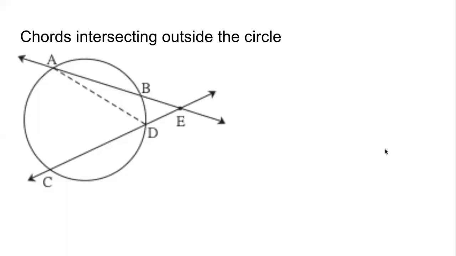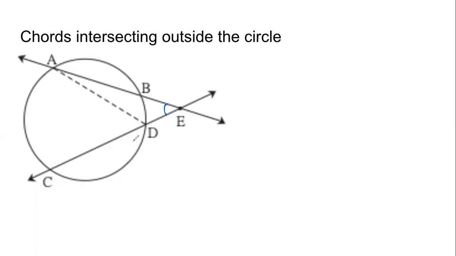Now, the chords may not intersect inside the circle. Look at this situation. Once again, we have 2 chords, AB and CD. And AB and CD are not intersecting inside. They are intersecting outside at the point E. So once again, there is an angle between them, and that angle is this angle.